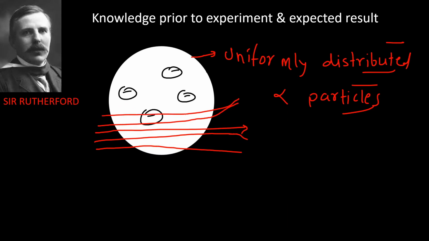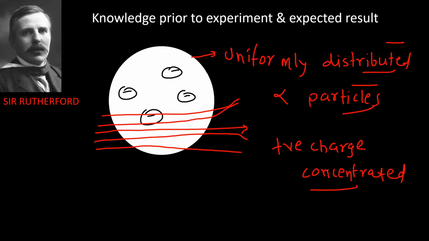Why? Because as per Thomson's theory, the positive charge was not concentrated at any particular point. It was distributed. Any distributed energy will not be that strong, friends, as all of you know.